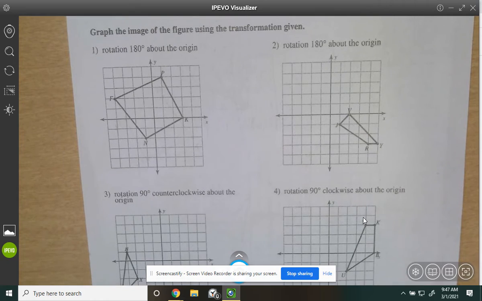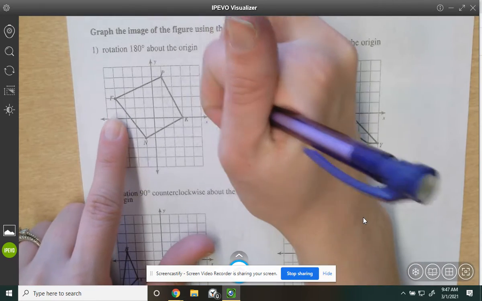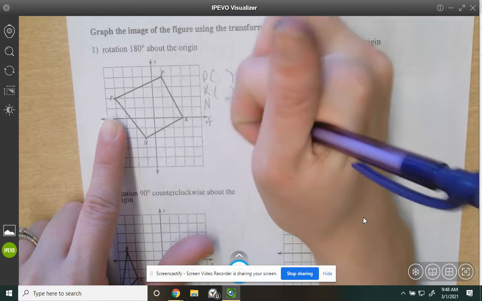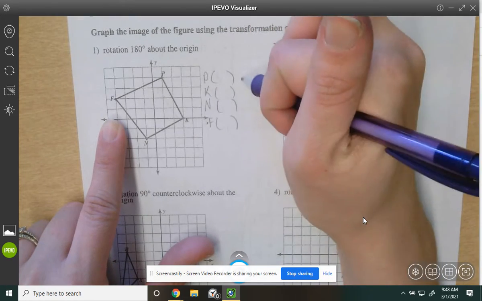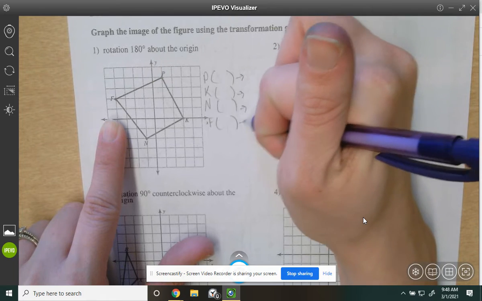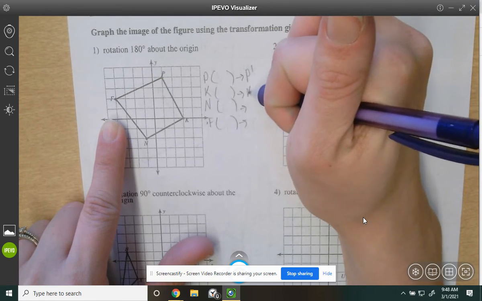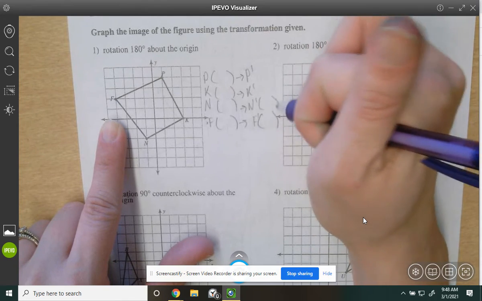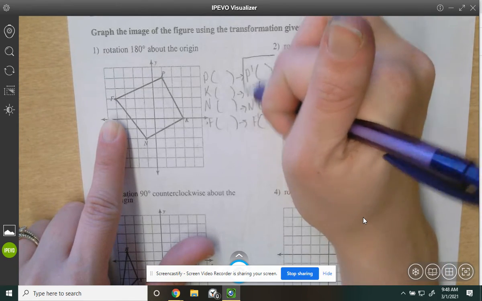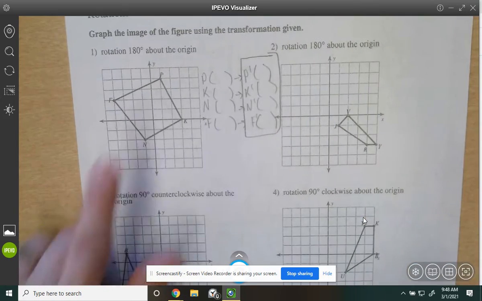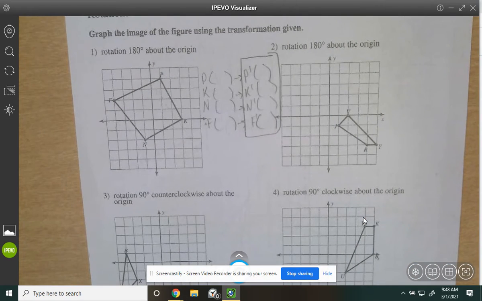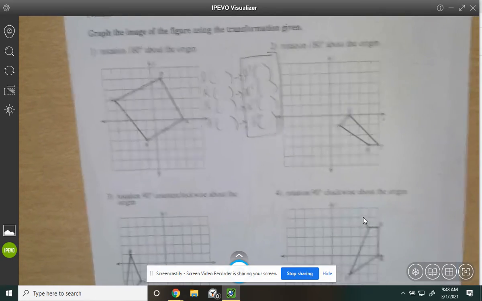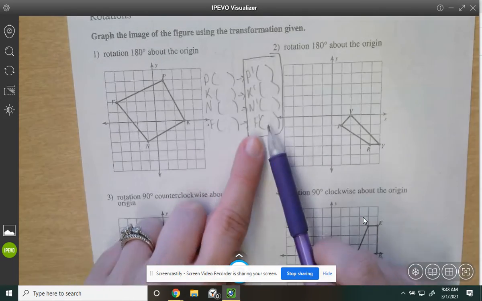I would have to write my points down for P, K, N, and F, and then I'd have to transform them to the P prime, K prime, N prime, and F prime, get my new points, and then these would be the ones that you would graph on your paper. Okay, like I said, if you can freehand it, great, but I'm going to be checking them. You've got to be exactly right. So I would probably get your points down.